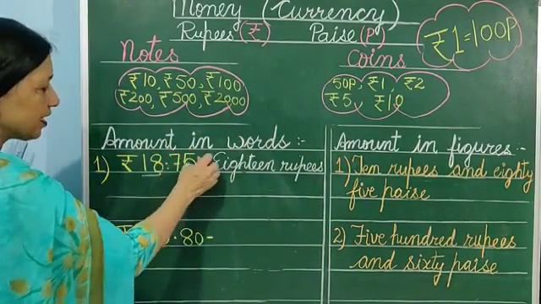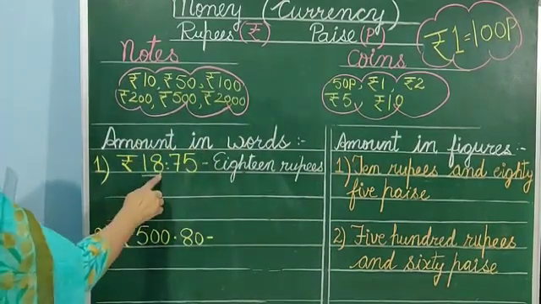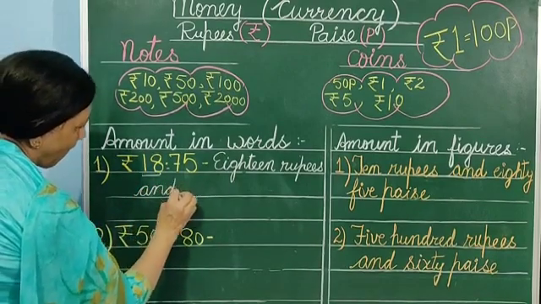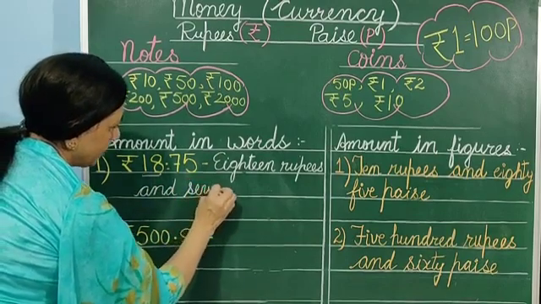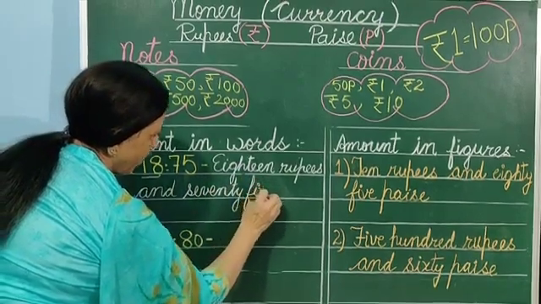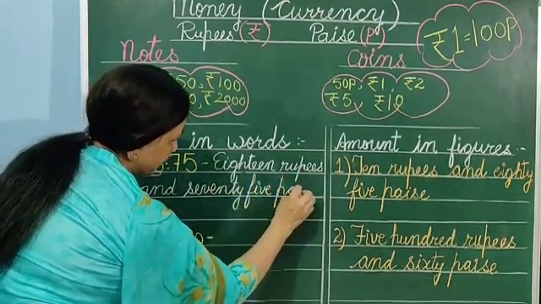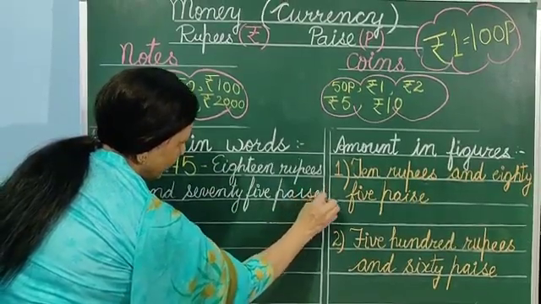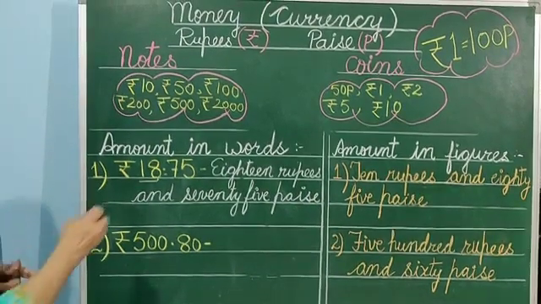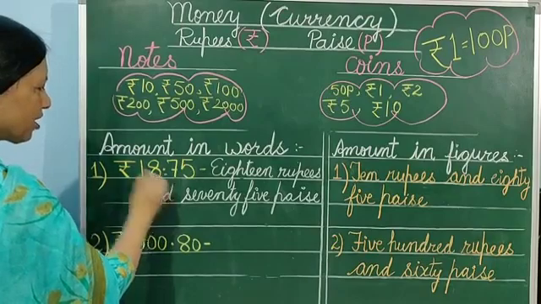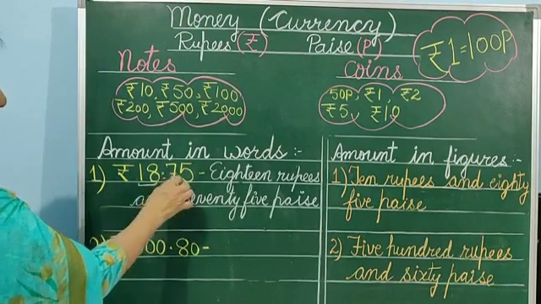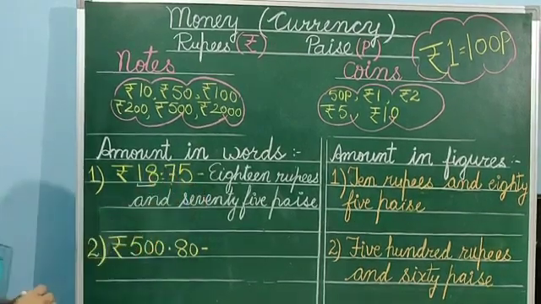So how many paise are there? 75. 18 rupees and 75 paise. First of all we will write down this figure in words, then rupees, after that paise.